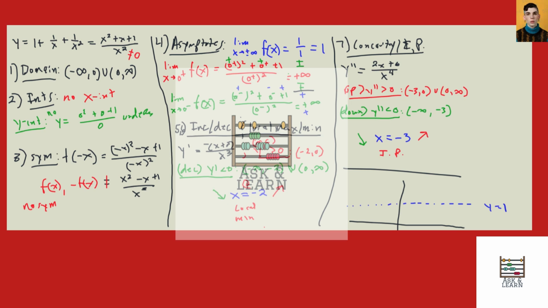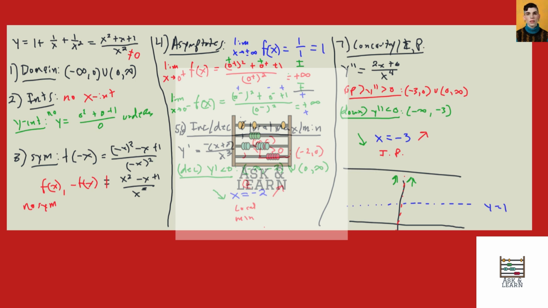And we have a vertical asymptote at x is equal to 0. And to the right of 0, we know we are approaching positive infinity. And also to the left of 0, we know we're approaching positive infinity.